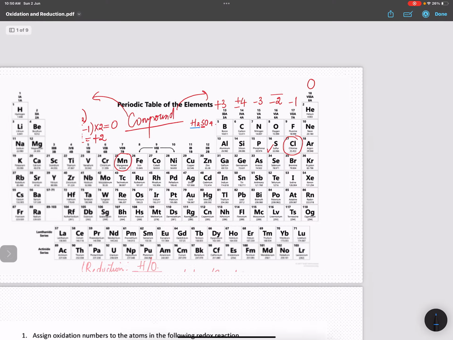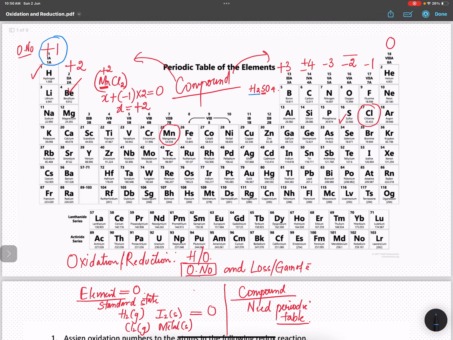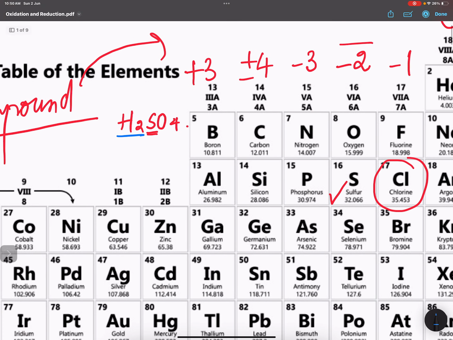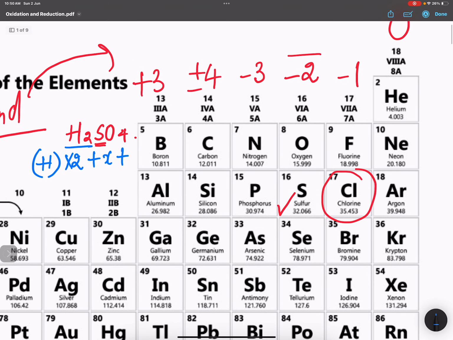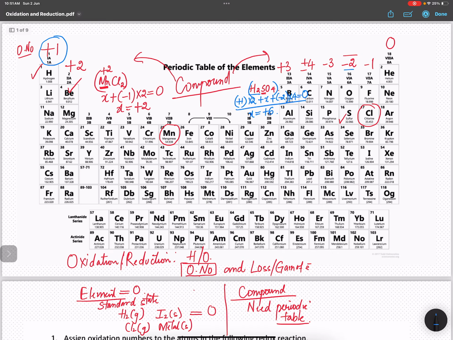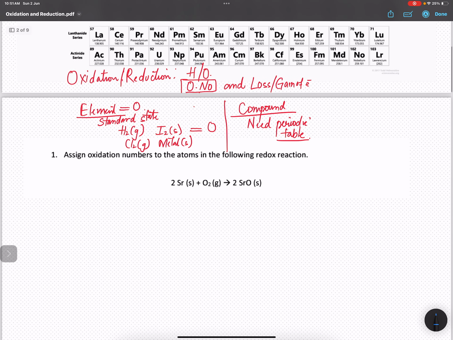So hydrogen is +1, times 2, plus sulfur X, plus oxygen, which has oxidation number of -2 times 4, and there is no charge on it, so you'll make it 0. When you solve it, you'll get your answer as +6. So this is how you're going to find the oxidation numbers using the periodic table.